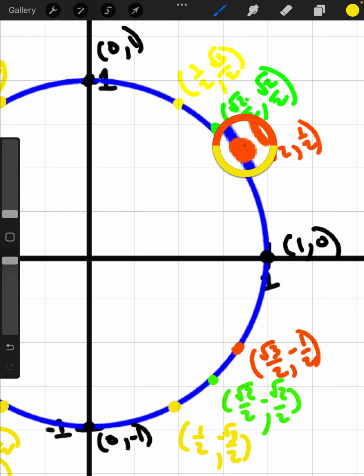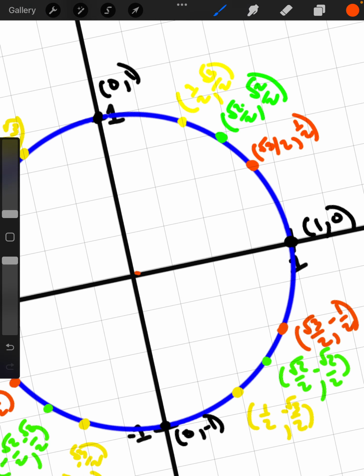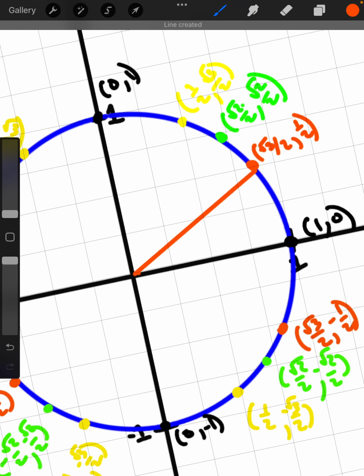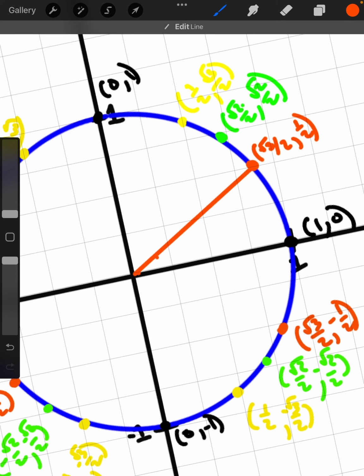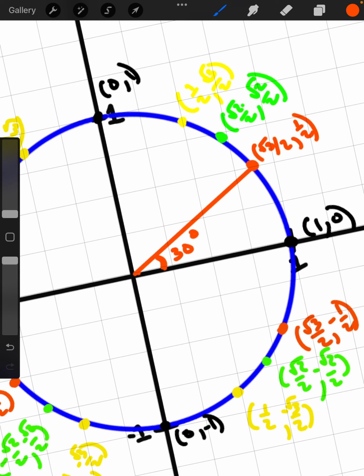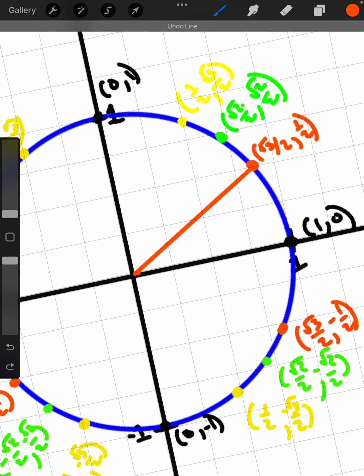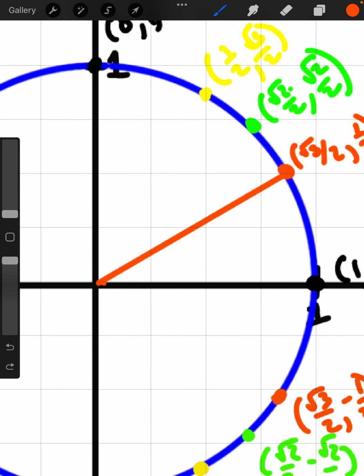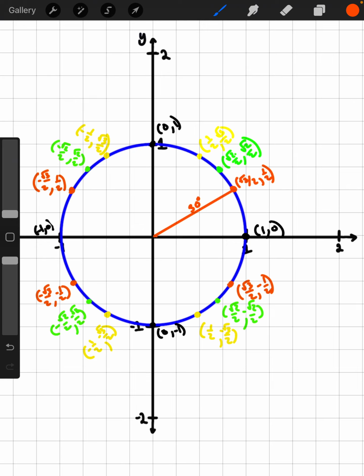So I'm going to start with my first angle that I drew. So my first angle right here was a 30-degree angle. So I'm going to draw in that angle, and I'm going to label it 30 degrees.